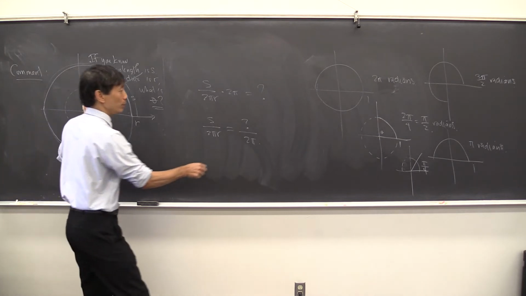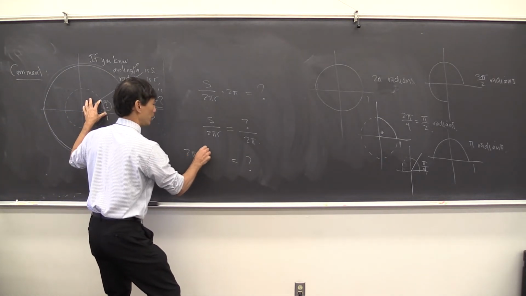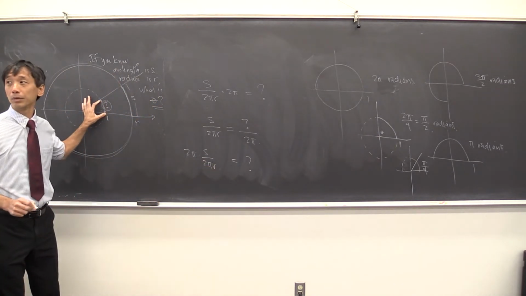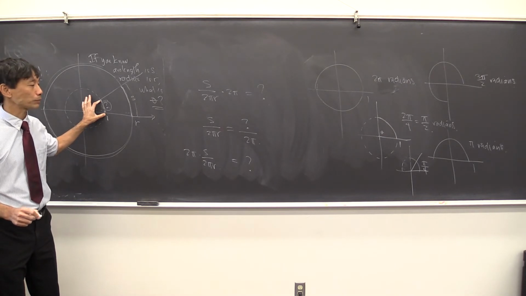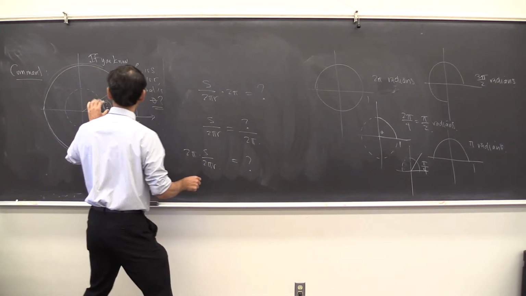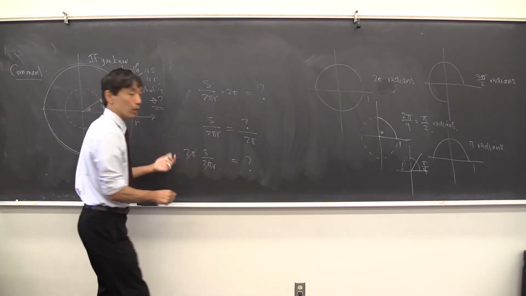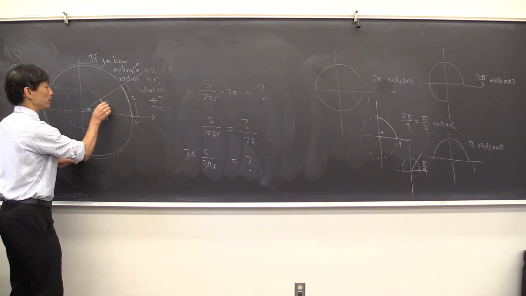So question mark is 2 pi times s over 2 pi r, which tells us that question mark is s over r. So this thing here is s over r.